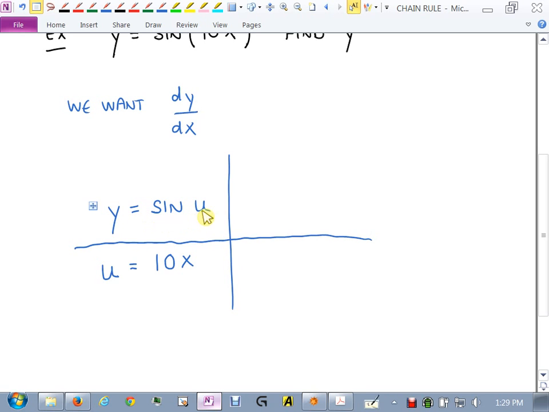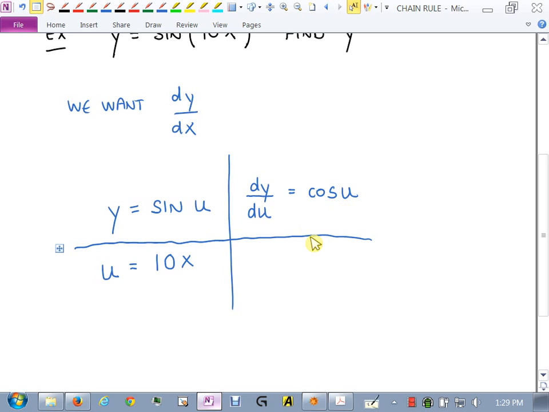But what's the variable in this problem? U, yes? So I'm saying what's the derivative of y with respect to u? dy du, what is it? Well, what's the derivative of sine u? Cosine u, yes? That makes sense?